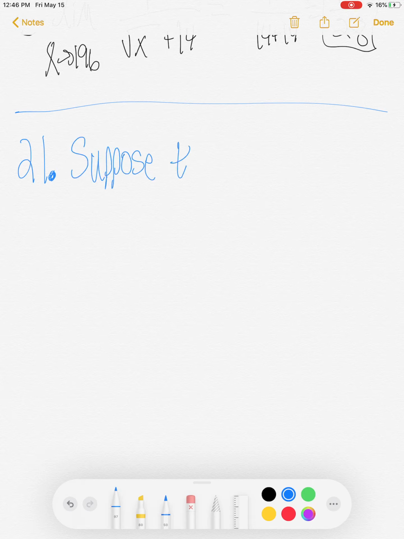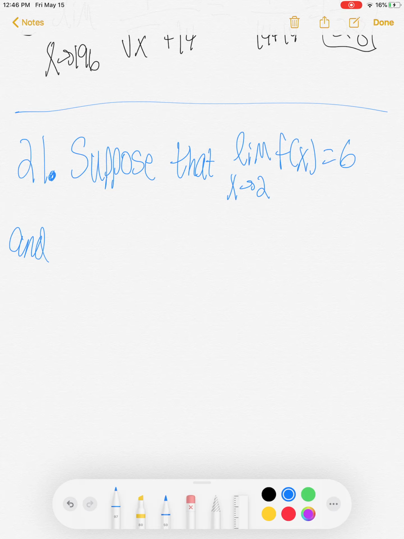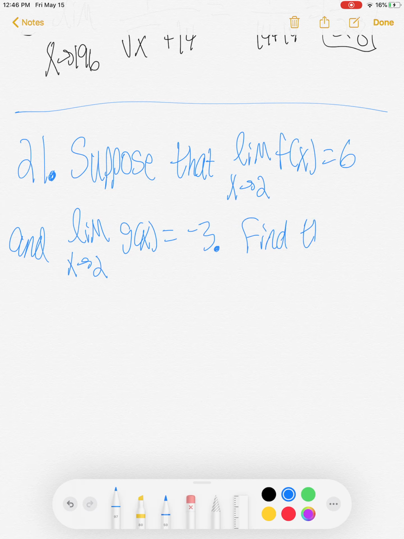So suppose that the limit as x approaches 2 of f of x equals 6, and the limit as x approaches 2 of g of x is negative 3. Then we are going to find the following limits.